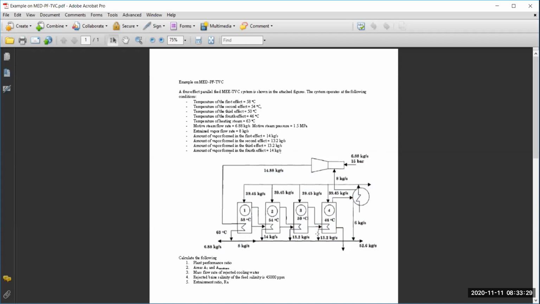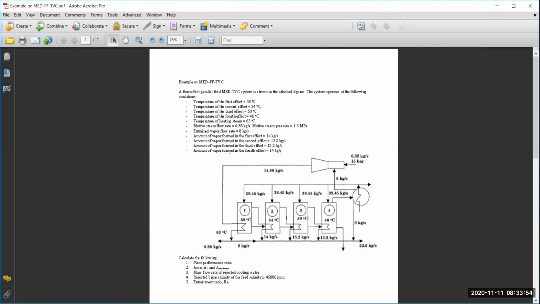Effect number 3 is producing 13.4 kilogram per second. Effect number 4 is producing 14 kilogram per second. 6.88 is going to the ejector, and the rest, which is the remainder out of the 14, is going to the condenser.